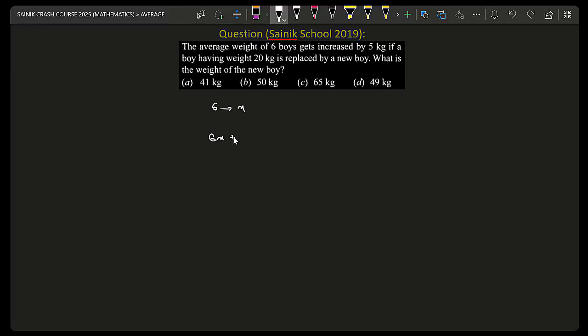Okay, they said average gets increased by 5. Old average is x and the new average is x plus 5. So this is the sum of all the weights after a boy is replaced, right? Yes, sir.